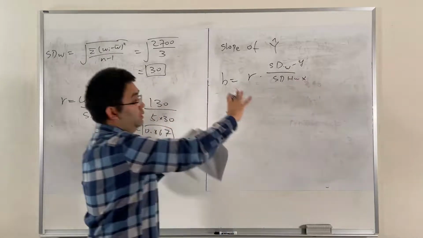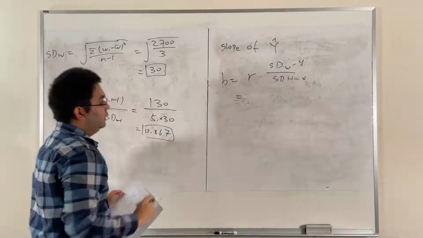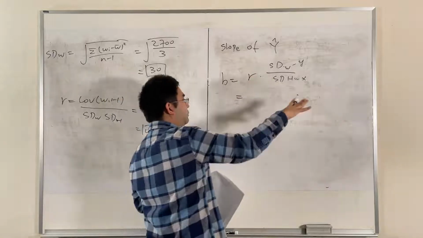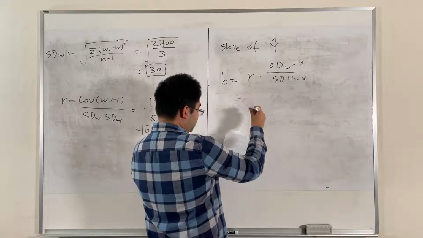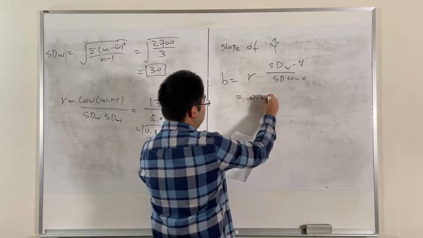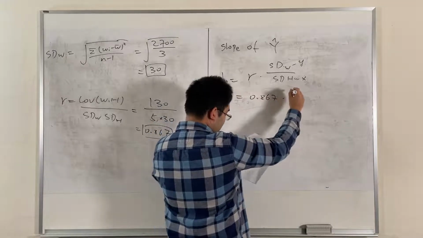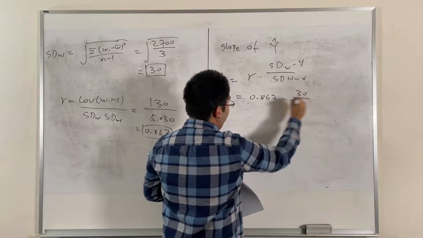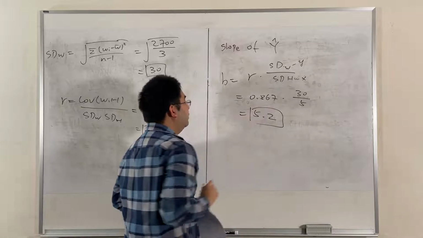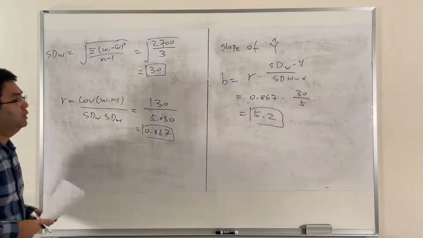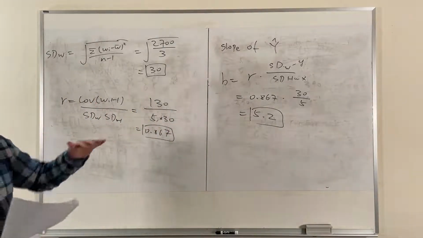So, I should have been more clear at the beginning, but let's be clear from now on. So this is 0.867 times 30 divided by 5, that equals 5.2, and that's our b, right? That's our slope. We have our slope, now we need to find our a.